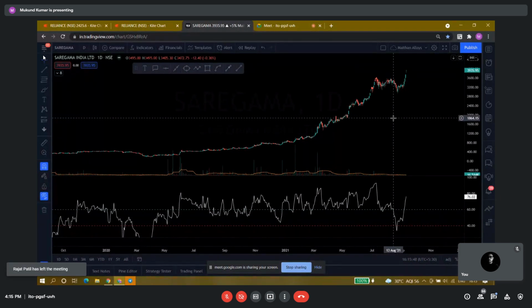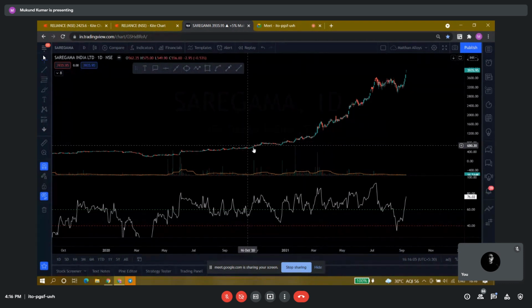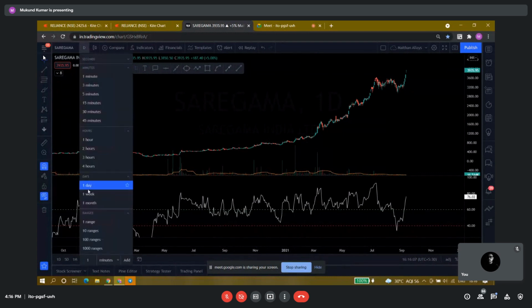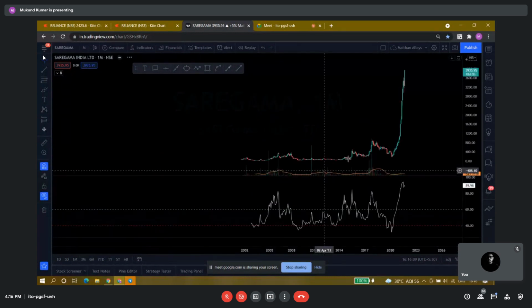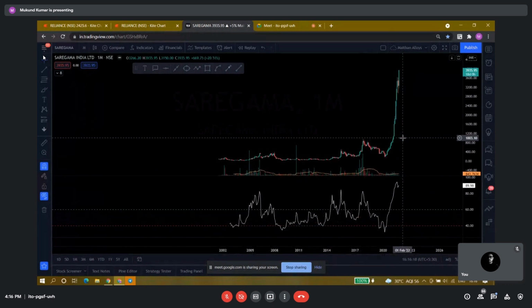But I have not come across that setup, so I cannot explain how to find a multi-bagger by seeing a chart. You will have to look at the fundamentals of the company, and then charts do help. For example, as I told you, the multi-year breakout chart helped me. This RSI, these volumes, all this will help you, but you need to look into the fundamentals of the company.